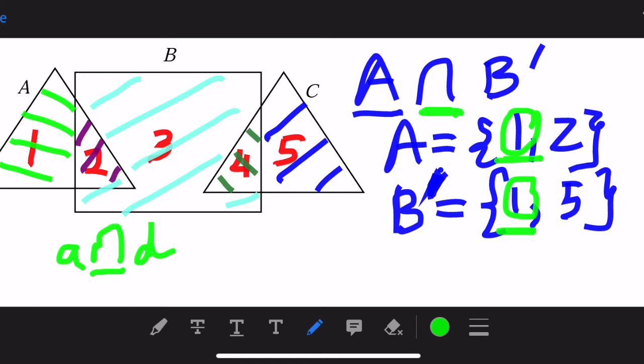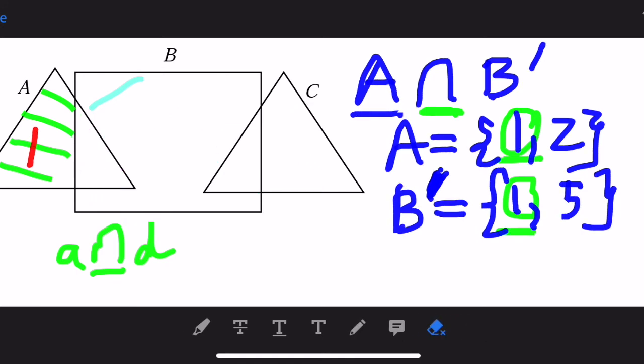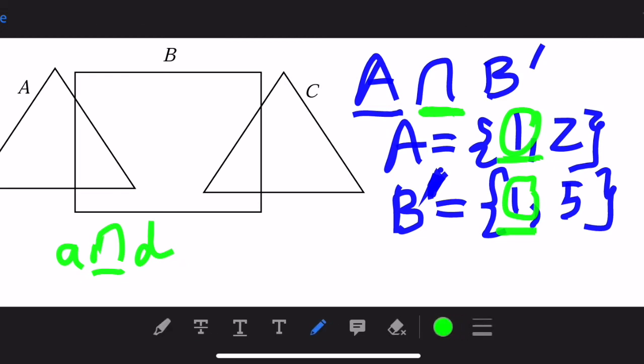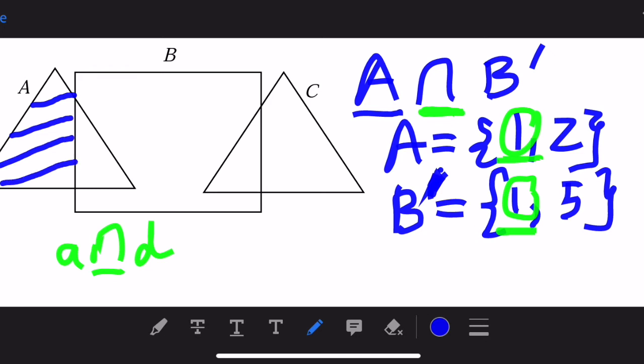So now let's shade properly. Your answer should be shaded in pen or pencil, but make sure you shade properly like this. Okay, this is called the shaded region. Then only you'll be given full marks. Alright, okay, it's easy, right?